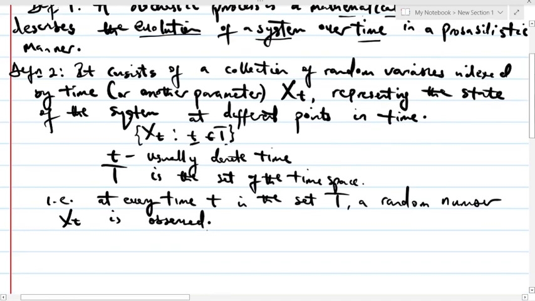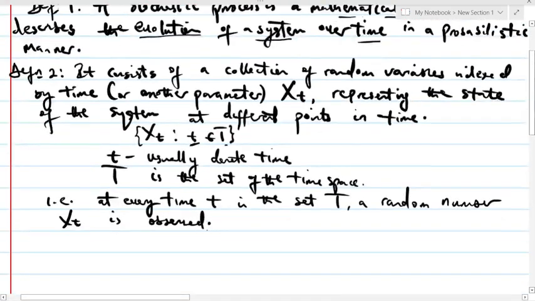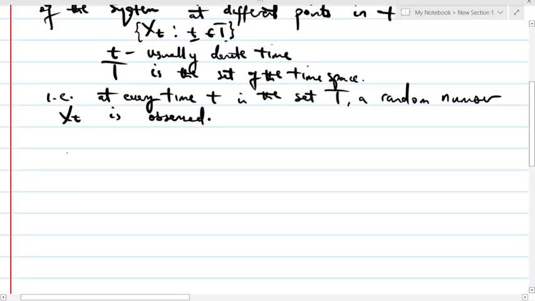So just take note that a stochastic process has to do with how a system changes over time in a probabilistic manner, that is, with uncertainty. We make use of mathematical concepts, equations and the rest in order to represent the changes of a system over time, at time 0, at time 1, at time 2, etc. Another concept I would love to define before we go to some examples is what we call the state space.